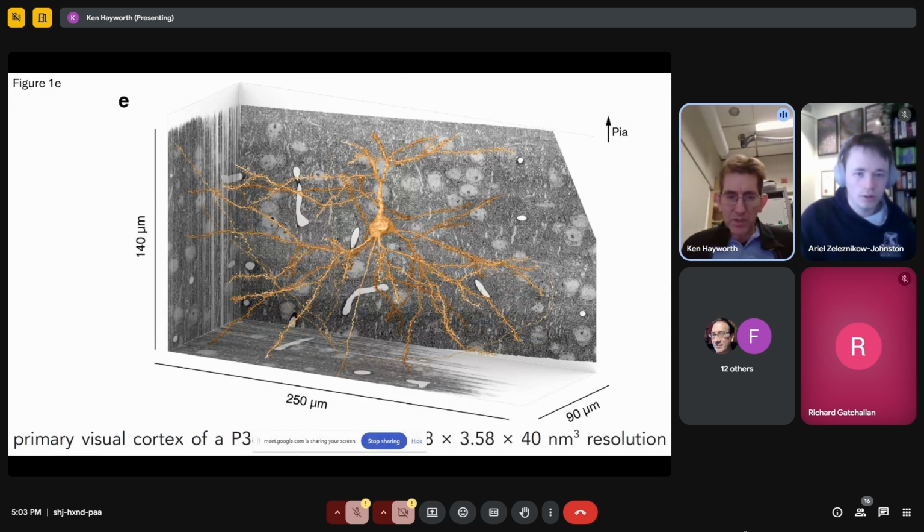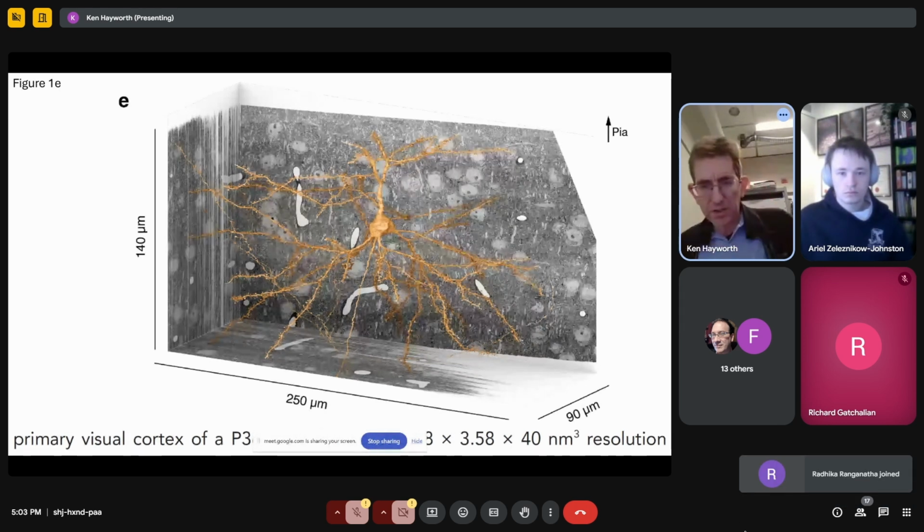This paper is based on this preliminary data set that the Allen Institute took using regular TEM serial sectioning collection on TEM grids that they did as part of phase 1 of the MICrONS project.